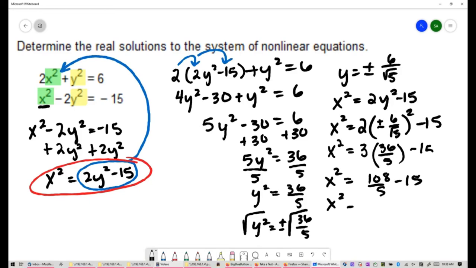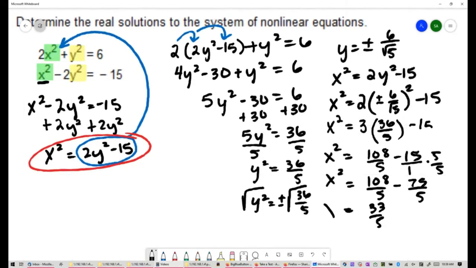And in order to add these together, I need to get a common denominator. So for the 15, I'll multiply by 5 over 5 to get that common denominator. So 15 times 5 is 75. And 108 minus 75 is 33. We have 33 over 5. So finally, I'll get x by itself by square rooting both sides.